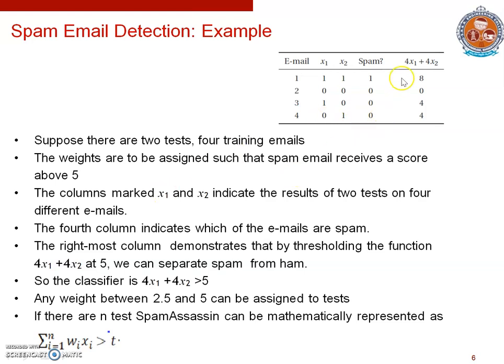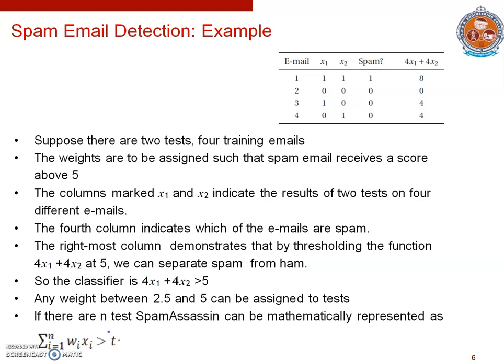The last column in this data indicates the scores that are calculated for all these 4 emails by SpamAssassin. Here the threshold is 5. So if the score assigned to any email is greater than 5, it will be labeled as spam. If the score calculated is less than or equal to 5, the email will be classified as ham.